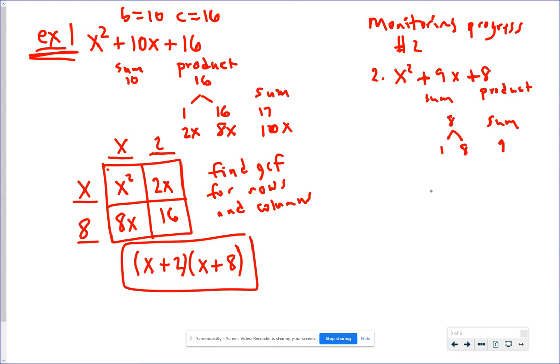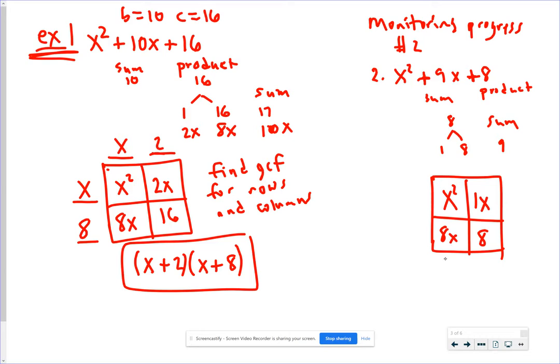It's 9. So I'm going to create the table. Two rows, two columns. This is how we work with the trinomial. So we're going to do x squared in the top corner, 8 in the bottom corner, the first and the last term. But the 9x I'm going to split up as a 1x and an 8x. 1x plus 8x is 9x. Then I'm going to find the GCF for the rows and the columns.